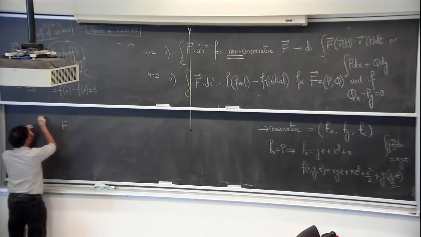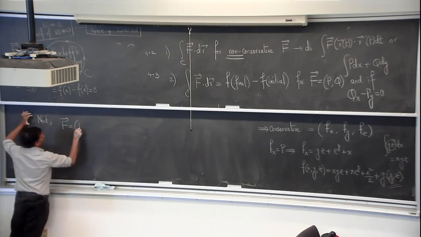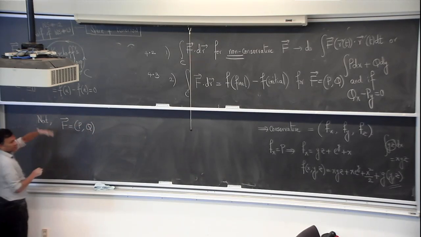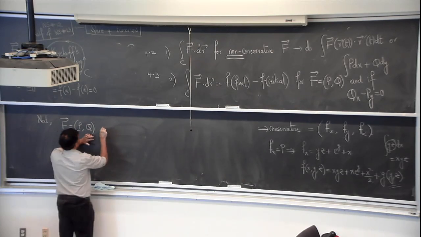We need to understand the flow of topics here. We started with some generic stuff, went down to conservative, then conservative on a closed loop, now non-conservative on a closed loop. So F equal to P, Q, which is not conservative.